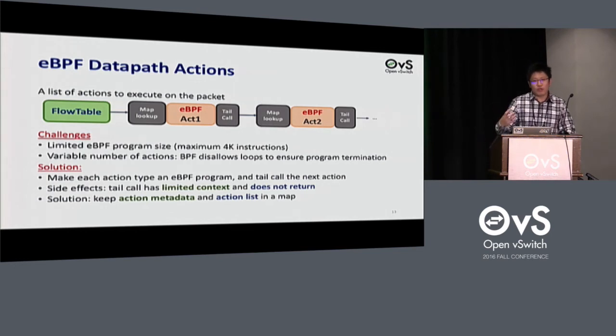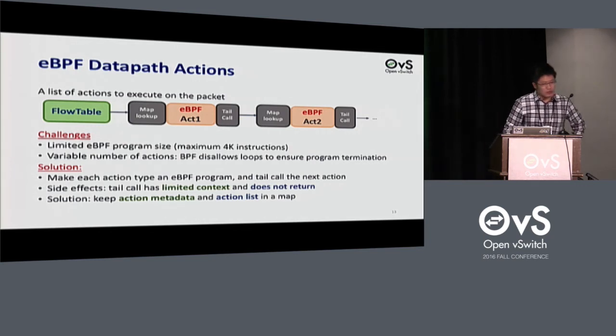However, to know at runtime which action to call next, we need to do an extra map lookup. For example, action 1 will look up the map, and then you will know that its next action is action 2. Moreover, we need some metadata for the action to execute. For example, if you want to push a VLAN, you need to know the VLAN ID, and we get this information from the map lookup.